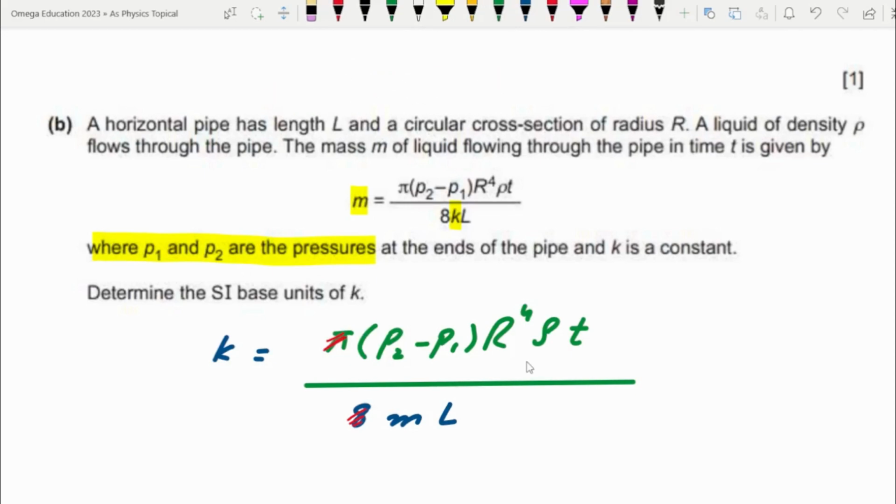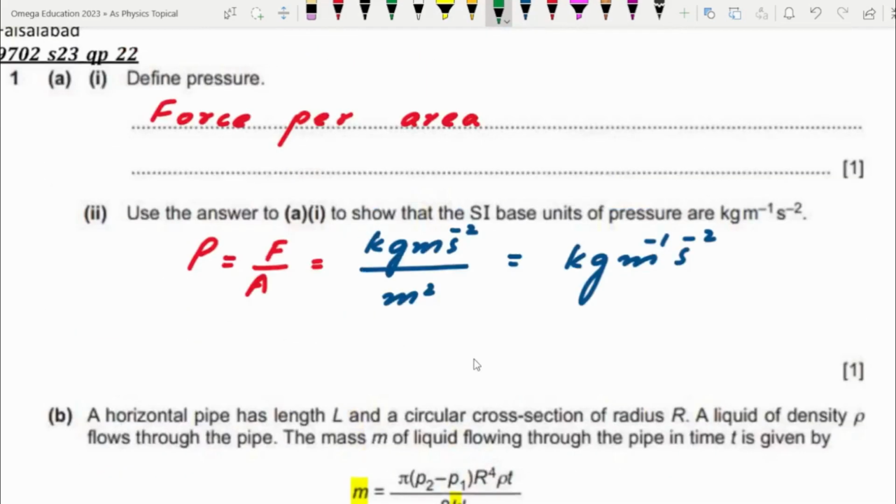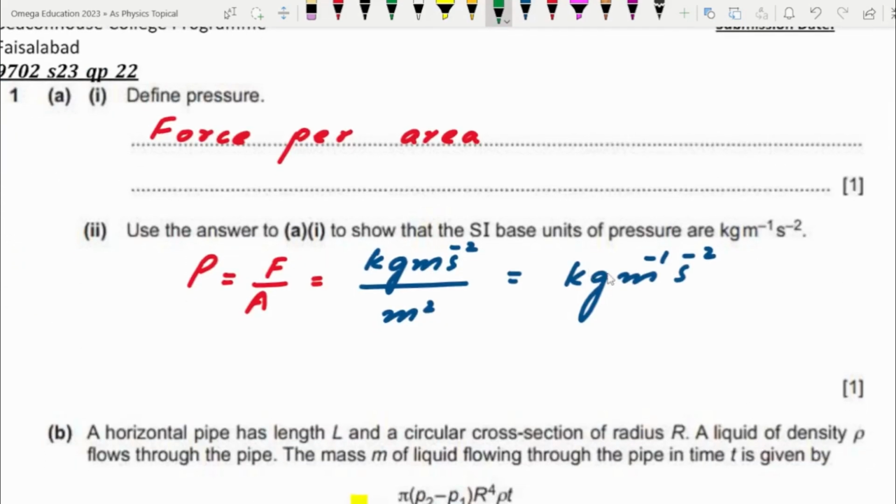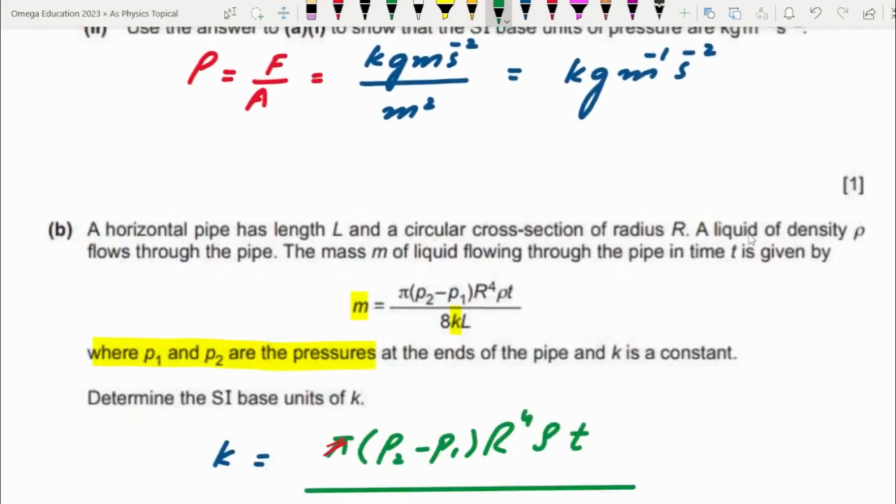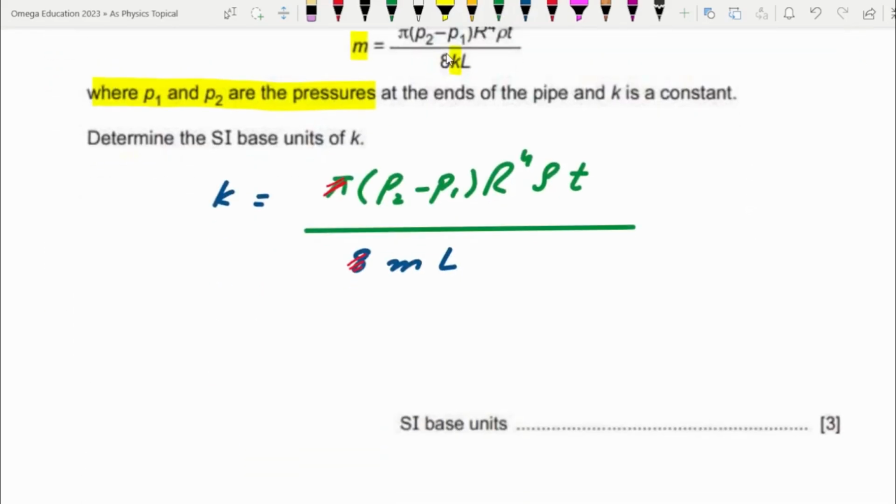So what is the unit for pressure? Okay, we did it already. You can just check it from there. It is there in the first part, kg m minus 1 s minus 2. So I'm going to insert the units. For change in pressure, kg m minus 1 s minus 2. That would be the units not only for pressure but for difference in pressure or for the sum of pressure.